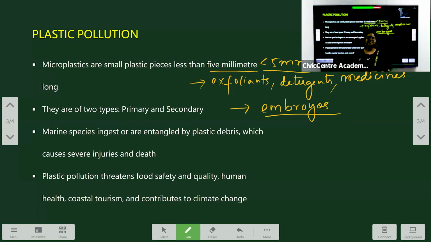So we need to understand why this is dangerous, and let's see what the immediate causes of it are. Marine species ingest and get entangled in these plastics, and they cause injuries and death in marine organisms. Also, plastic pollution threatens food safety and the quality of human health, and it affects coastal tourism and also contributes to climate change.